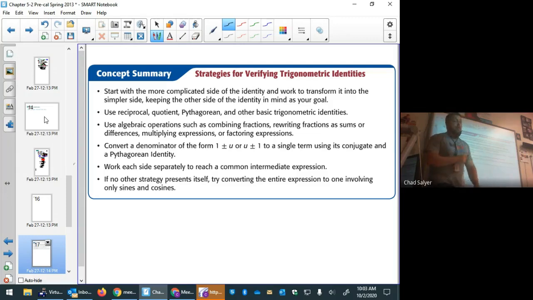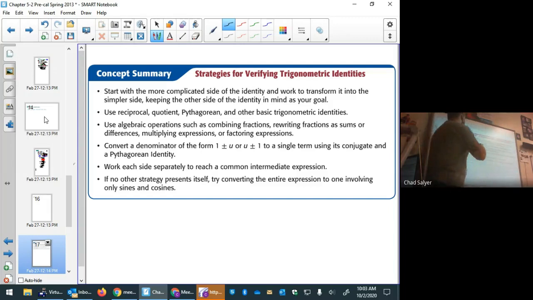You saw me do all that on those problems. Convert a denominator if it's 1 plus or minus u or u plus or minus 1 to a single term by using its conjugate. You saw me do that many times. Work each side separately. We did a little bit of that in the previous example. And if no other strategy presents itself, convert the entire expression to sine and cosine.